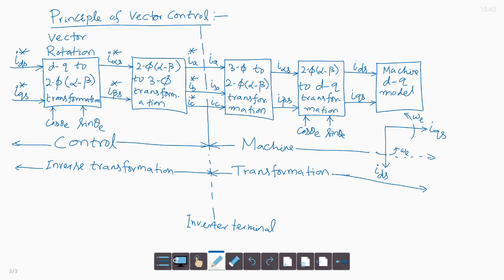So, this is also the vector rotation block. We have the inverse transformation, which converts the reference current commands IDS star and IQS star to two phase current commands I alpha star, I beta star using the unit vector, and then from two phase to three phase current commands IA star, IB star, IC star, the three phase current commands to the inverter. And what do we assume?